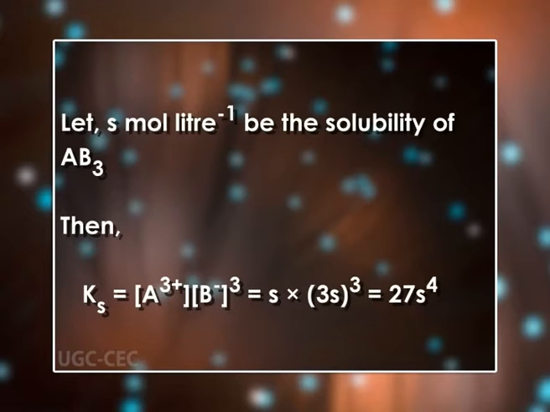We will have the solubility product Ks equal to [A3+] multiplied by [B-] raised to the power 3. So in terms of solubility, we have S into (3S) raised to the power 3, that's equal to 27S^4.